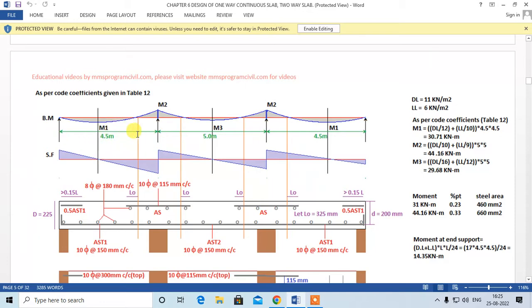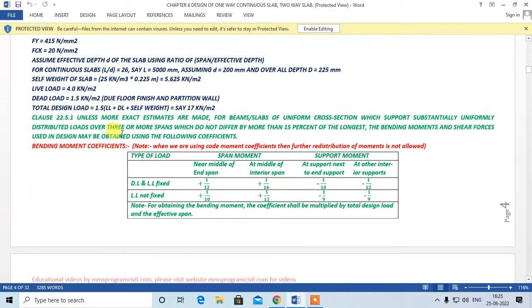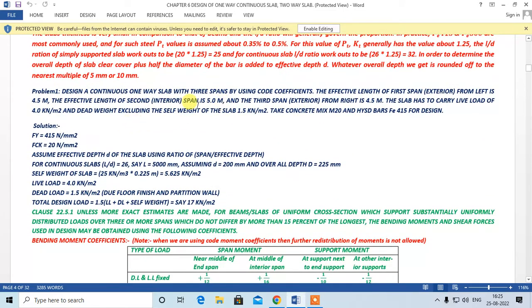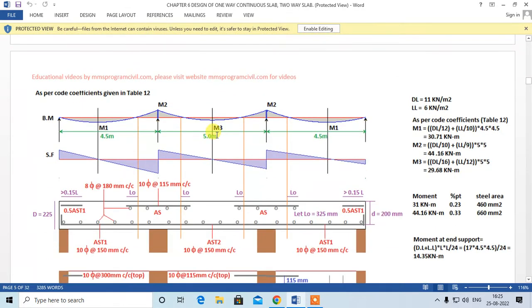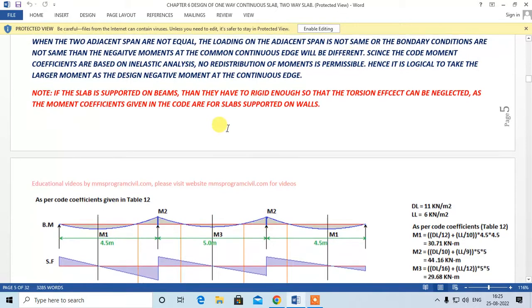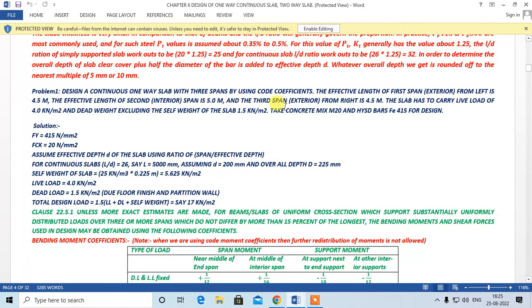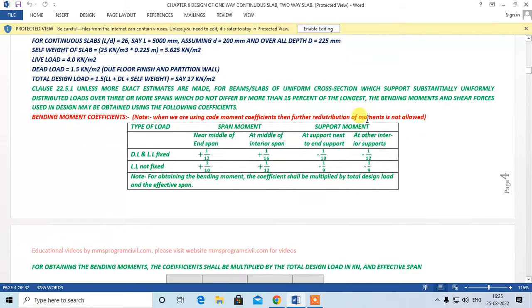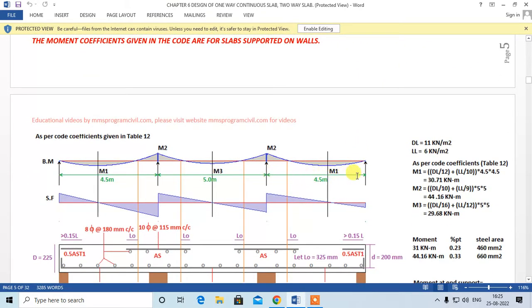Now, the effective length of the second interior span is 5 meters. So this is 5 meters. Okay, fine. And the third span, exterior from the right, is 4.5 meters, right? So again, this is 4.5 meters.